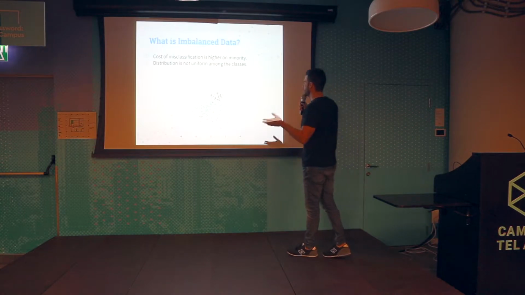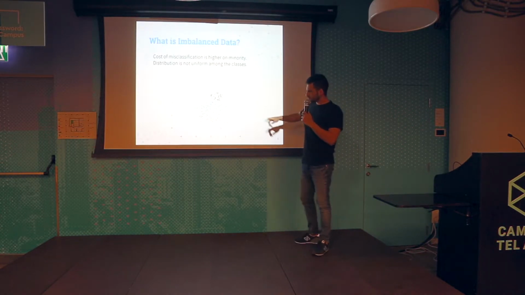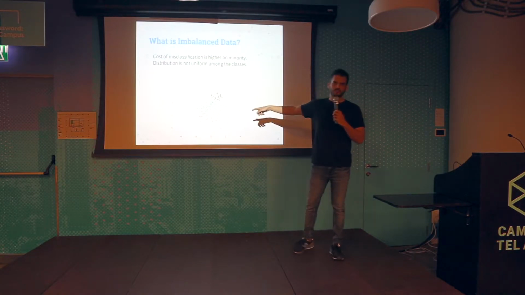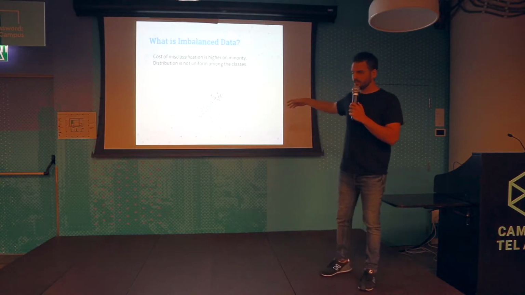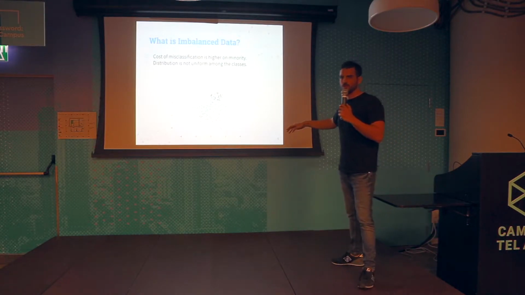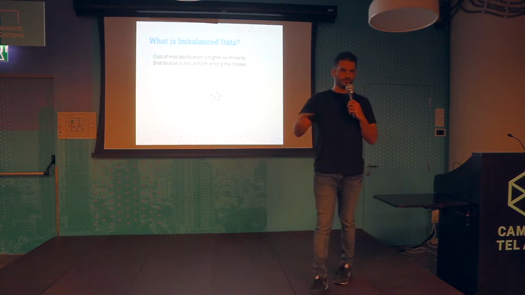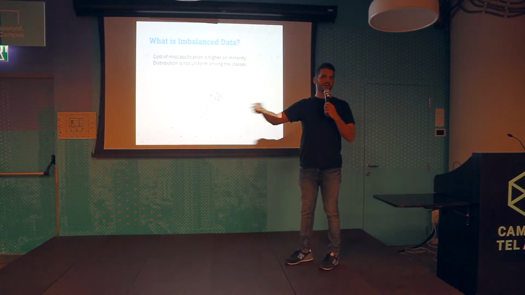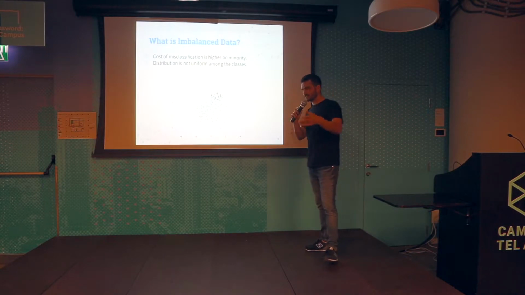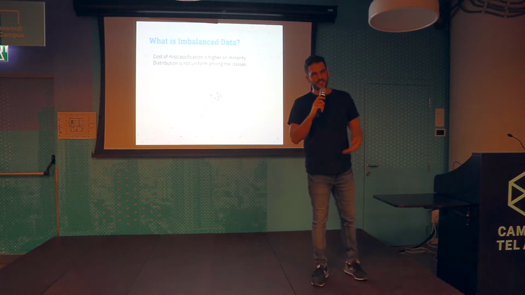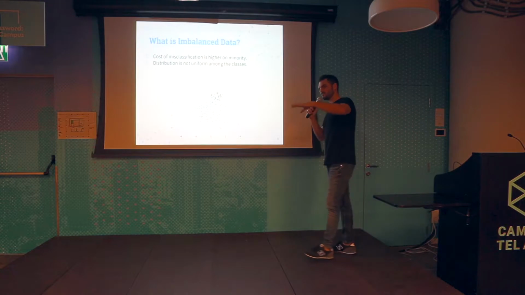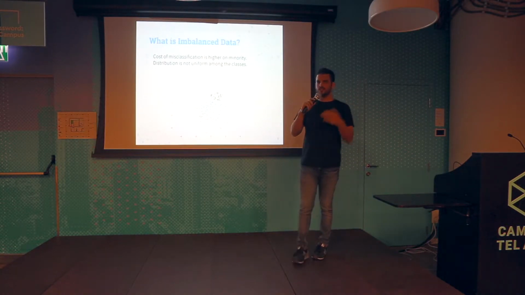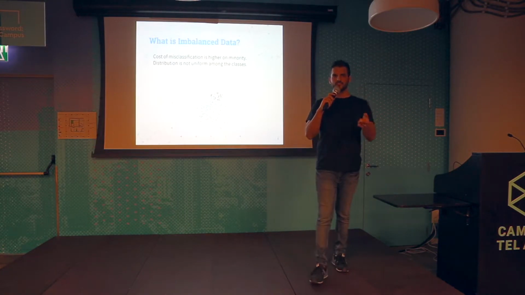Imbalanced data means that we have a large chunk of data points which are the negative samples. They're the ones who haven't clicked, the ones who do not have cancer, and the bank transactions which are not fraudulent. I'm going to stick with the fraudulent bank transactions for this talk, just so we'll be on the same page. The distribution is not uniform, and usually the minority class is the interesting one.